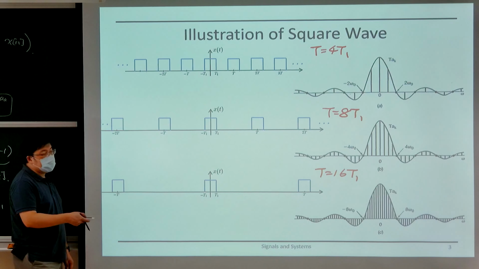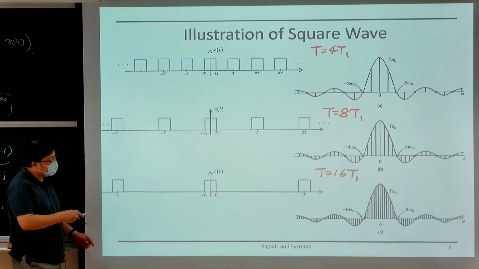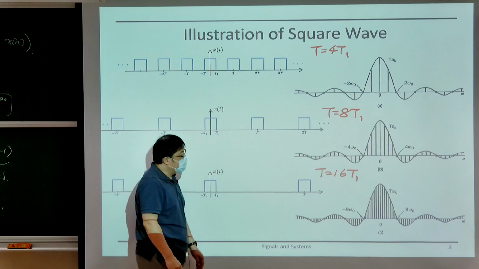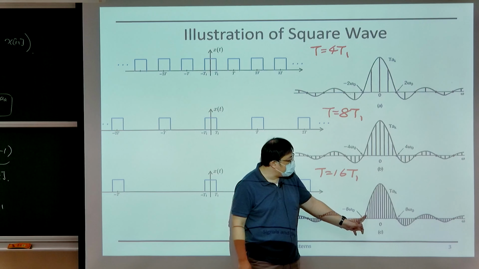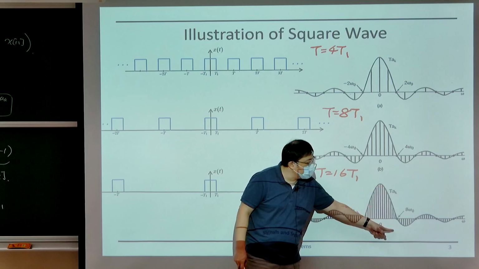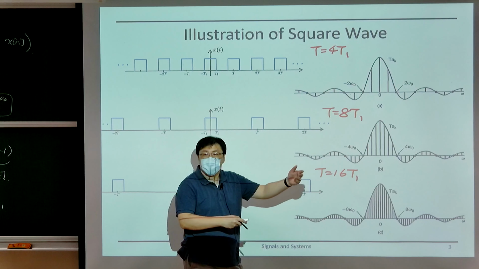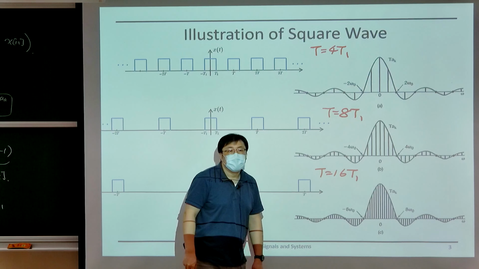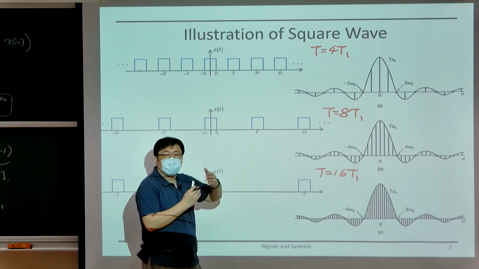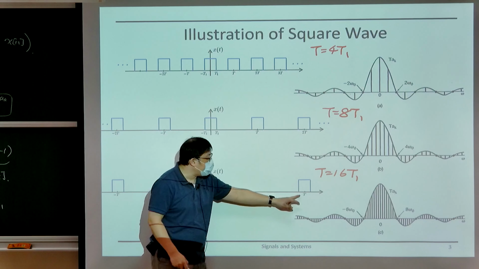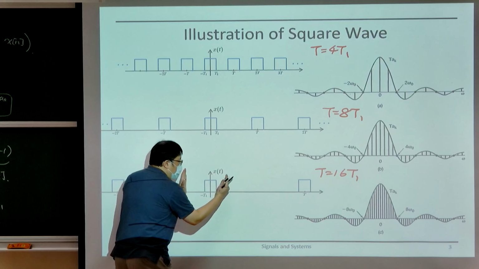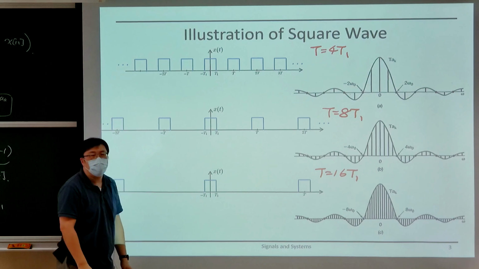So if you continue in this fashion, suppose you set T going to infinity, then you would expect that the sampling of the sinc function would converge to the continuum of this function, okay? So in the limit, as capital T goes to infinity, we eventually see just one aperiodic pattern.